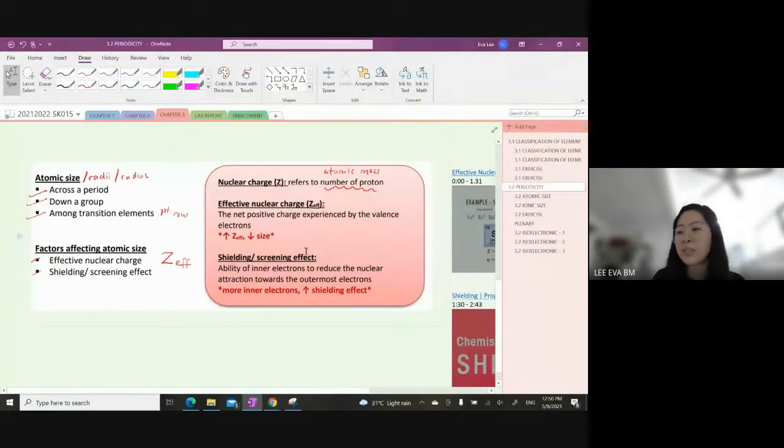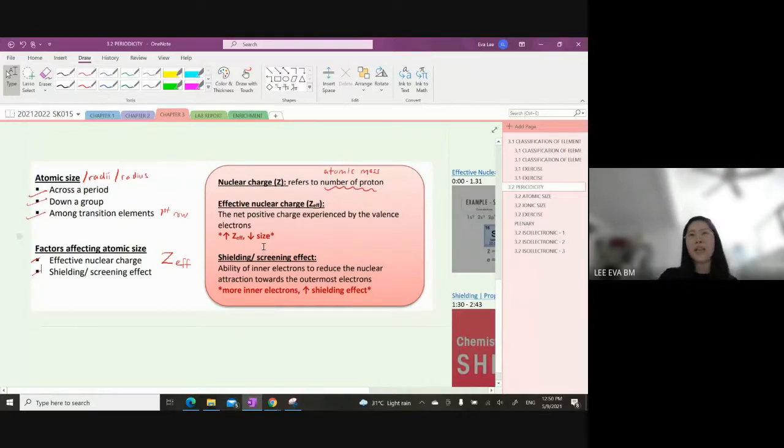So we go back to the notes over here. Again, effective nuclear charge is the net positive charge experienced by the valence electron. Therefore, if you have a higher nuclear charge, you will have a higher ZEF, a higher effective nuclear charge. So the stronger the attraction, the smaller the size.